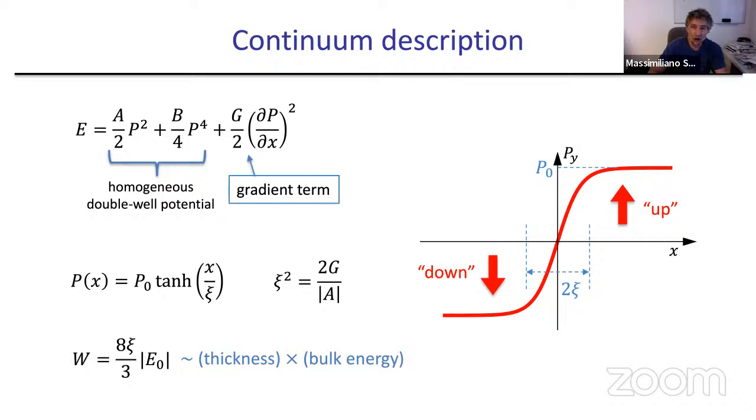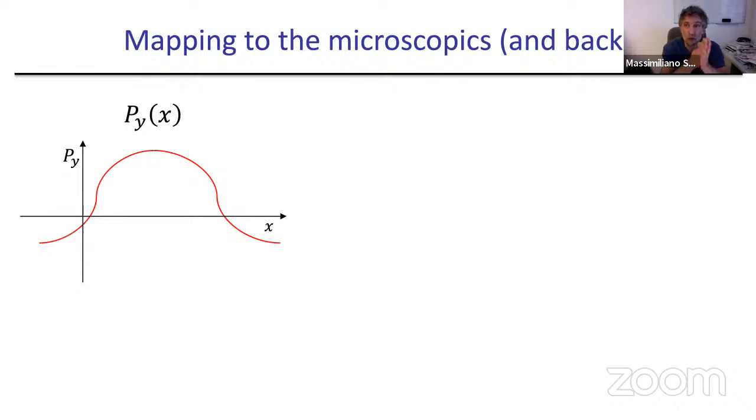So this is all well known and quite simple, but what we want to do with this is get these parameters from first principles via a well-defined and controllable procedure. And to do this, the first thing we need to worry about is how to map the continuum fields to the microscopics. So we start with some arbitrary function, which is our order parameter as a function of x.